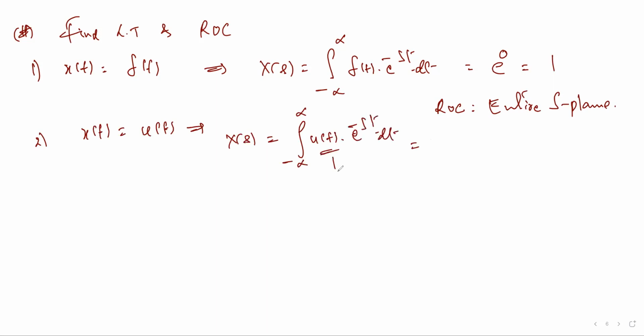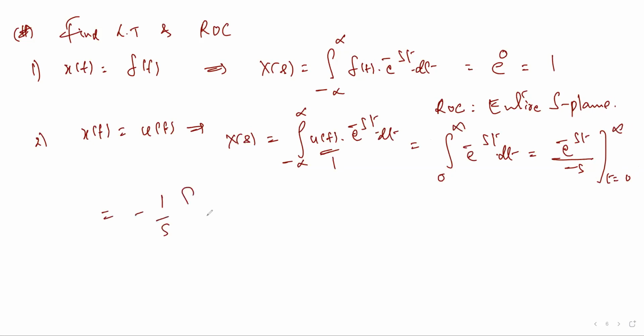So u of t value 1 over the limit 0 to infinity, remaining e power minus st dt, so that it is e power minus st divided by minus s, with t from 0 to infinity. Now observe, minus 1 by s, e to the power of minus s infinity minus e to the power of minus s 0.